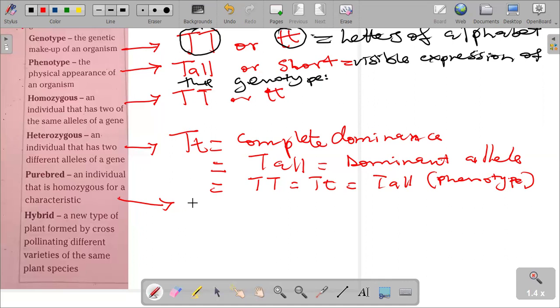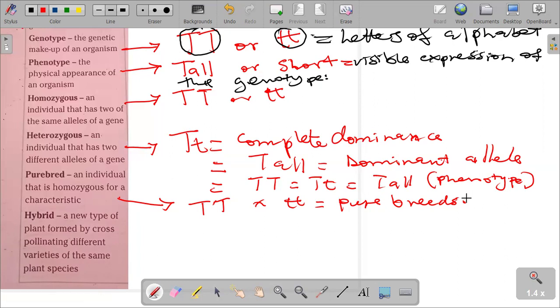A tall pea plant was crossed with a short pea plant, and in this case, both of them are purebreds. They are going to produce individuals that are a reflection of the dominant allele that is being expressed in each of the cases there.